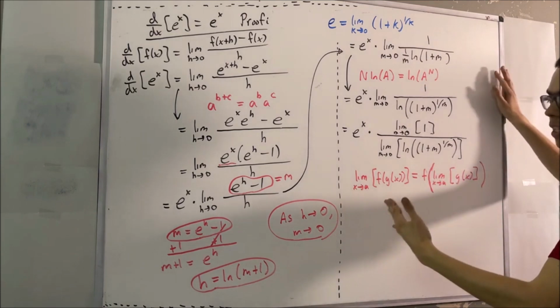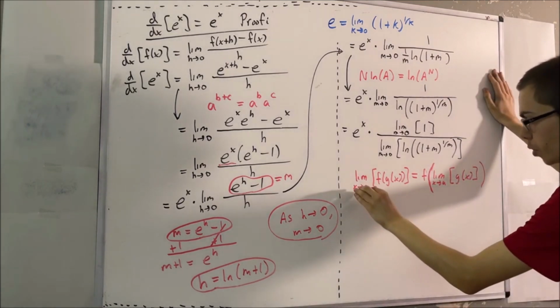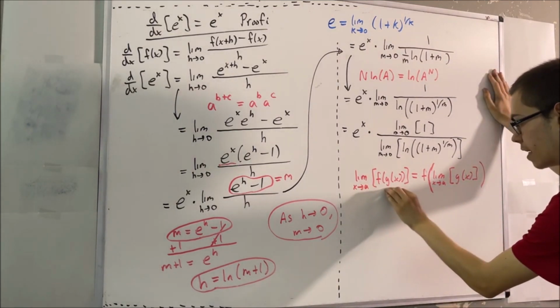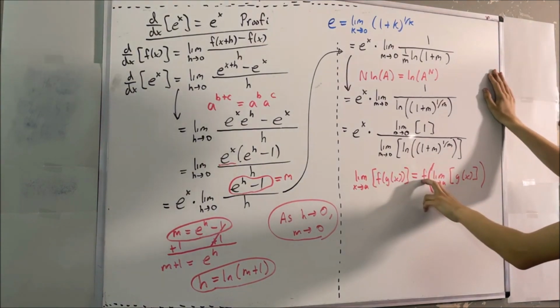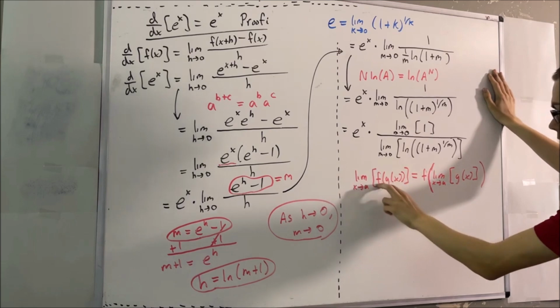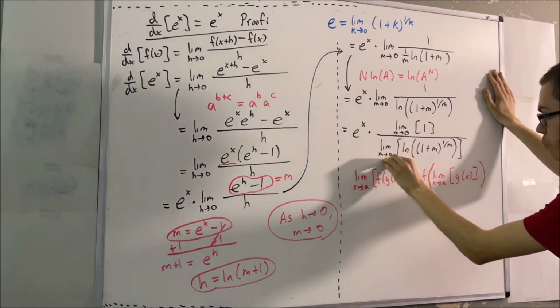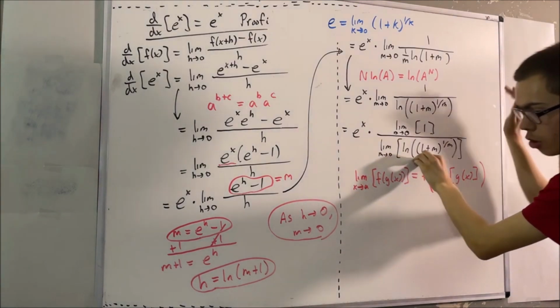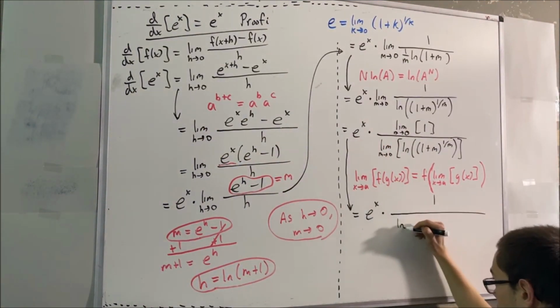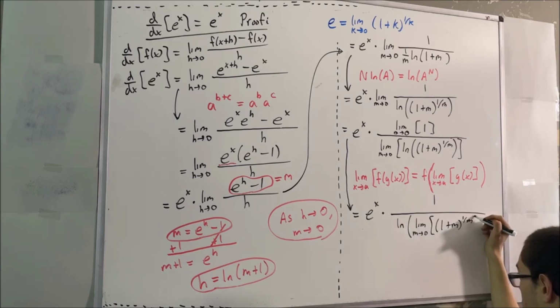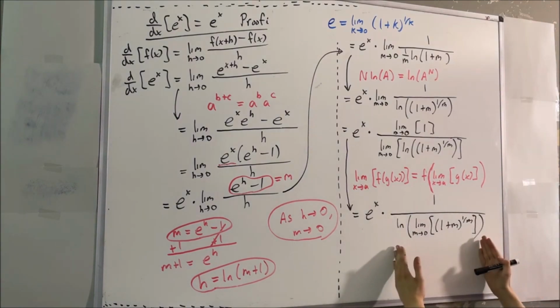What's basically going on here is that you can take the limit and move it inside of the function f. We can think of the natural log as our function f, right? We're going to take our limit and move it inside of the natural logarithm. So this is what we have now.